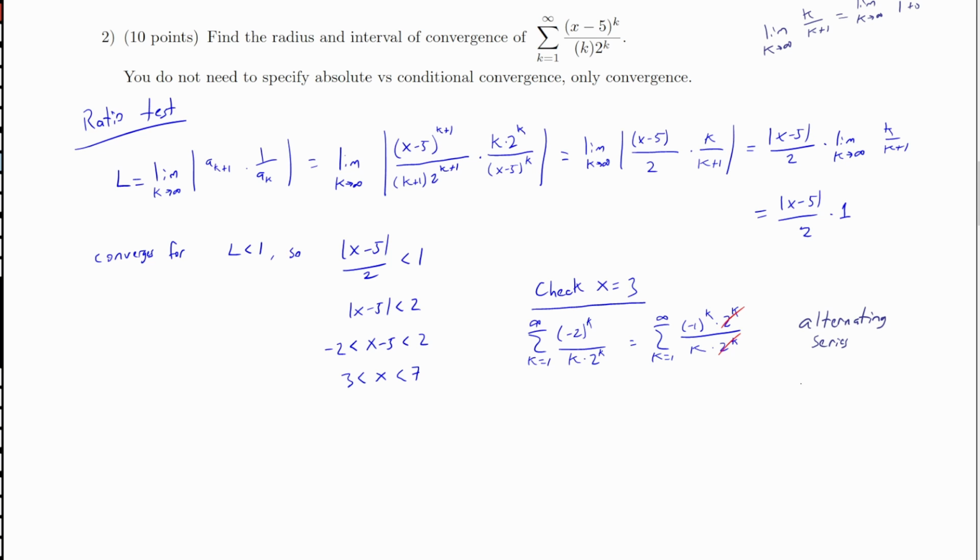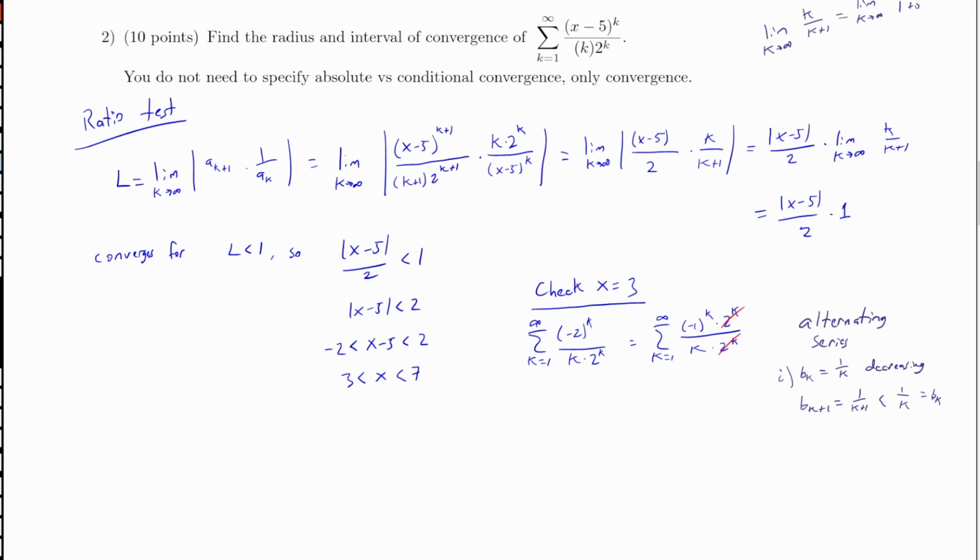Okay, so we need to check two conditions. The first condition is that the b_k's are decreasing. We typically write some b_k's, right? If I write b_(k+1), that's 1 over k plus 1. That's smaller than 1 over k, which is b_k.